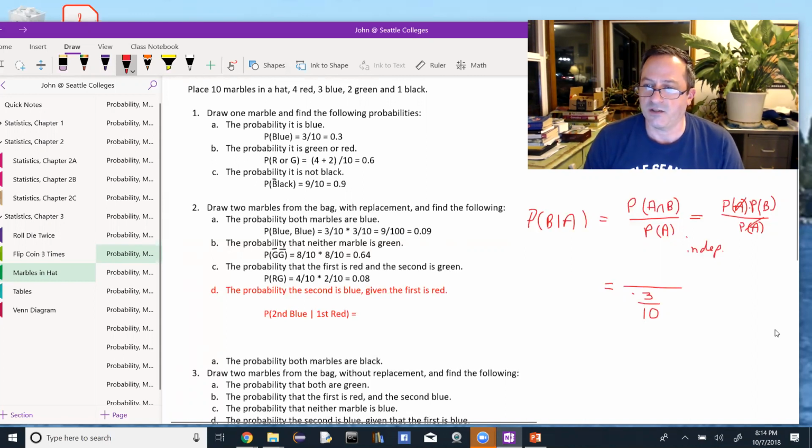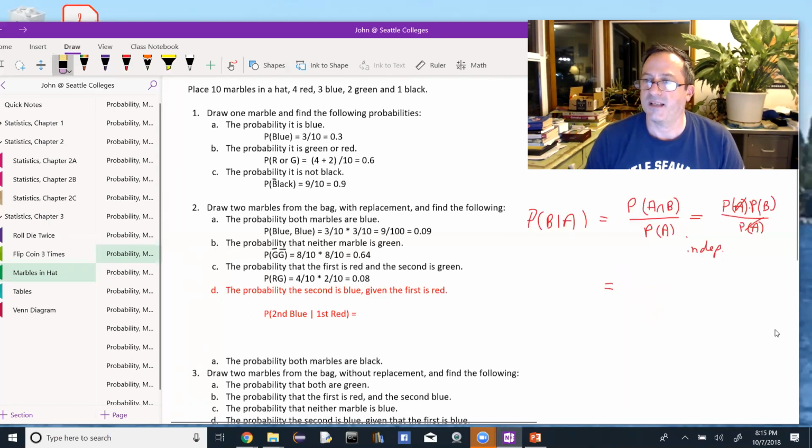So if I wanted to use this whole fraction bar, again, I would have a 3/10 for the first one being red, and then times the probability the second one is blue. There's 4 reds. So these numbers are wrong. I'm going to erase them. It should be 4/10, but I'm actually going to just erase this whole fraction here.